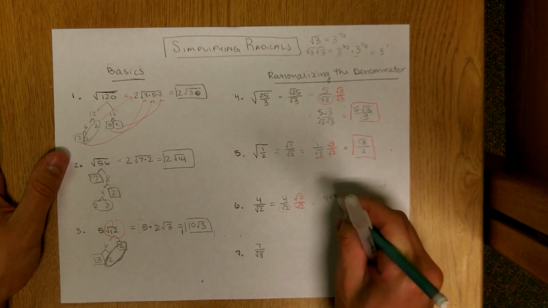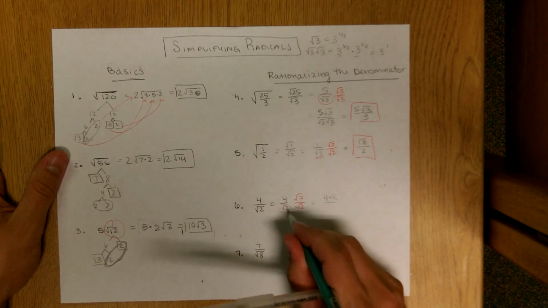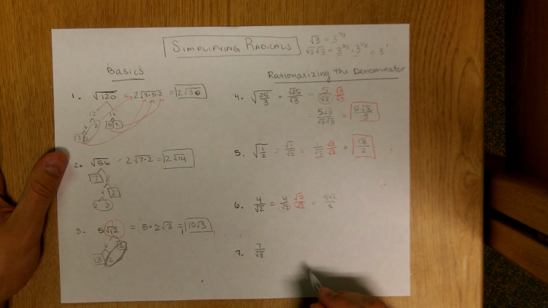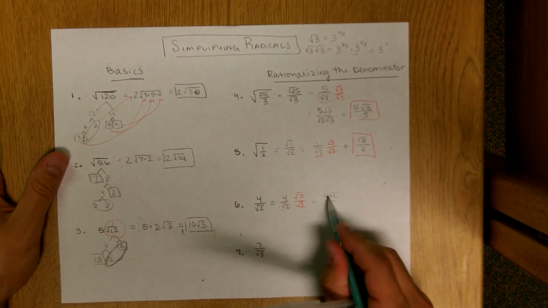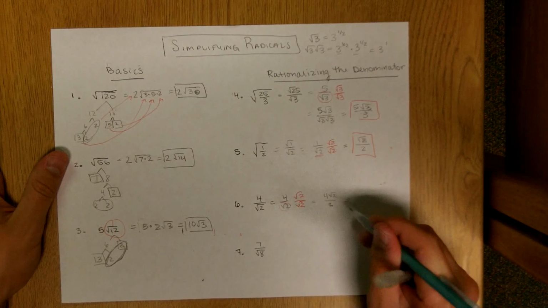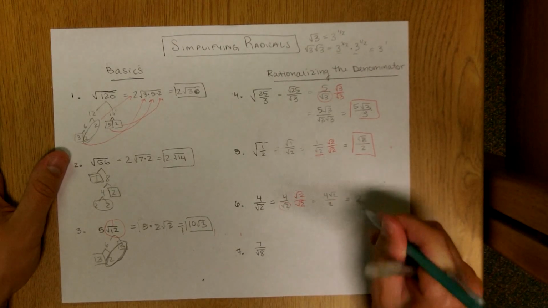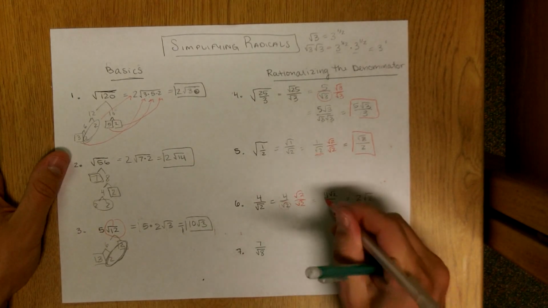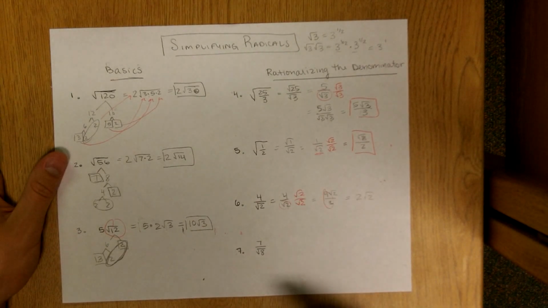So that equals 4 square roots of 2 over just the number underneath the radical, 2. But we're not done yet. We have a 4 out in front and a 2 below. We can simplify that, 4 divided by 2, to be 2, and then square root of 2. We can still simplify these numbers right here. So we'll have to make sure we do that.